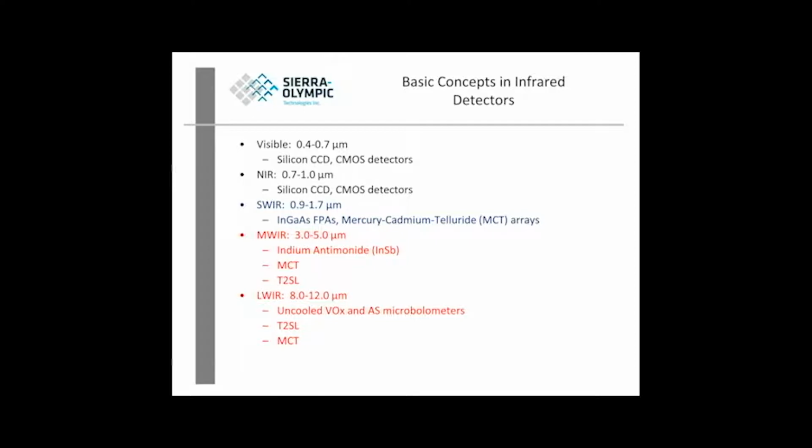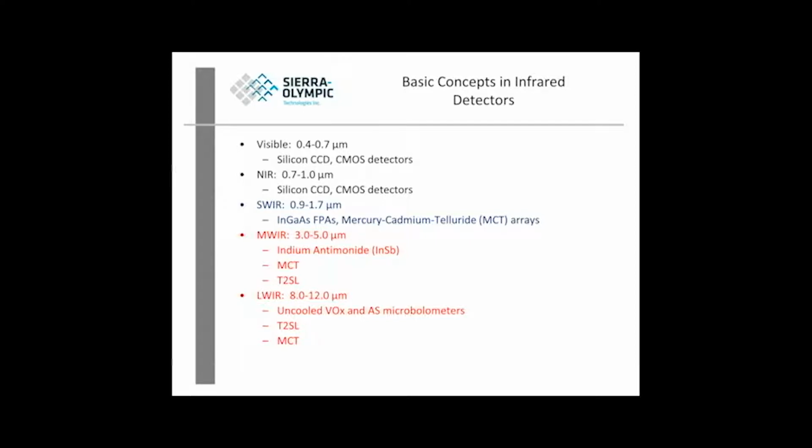Long wave is mature, it dominates the market, and it's dominated by uncooled vanadium oxide. VOx stands for vanadium oxide microbolometers, along with amorphous silicon microbolometers. Hundreds of thousands of uncooled microbolometers are sold every year. They're the dominant sensor for infrared imaging.